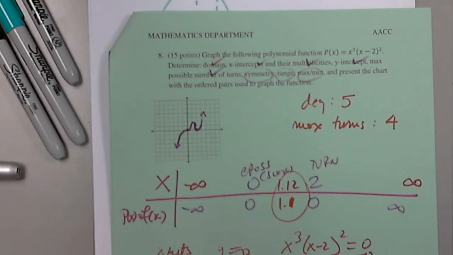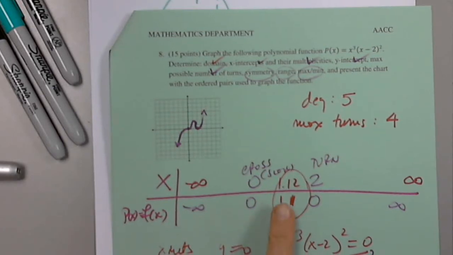What was your maximum? I mean, what did you do on the calculator? 1.12, 1.1. So you go to second and calc and choose 4, which is maximum. And then it's asking you for the left bound.